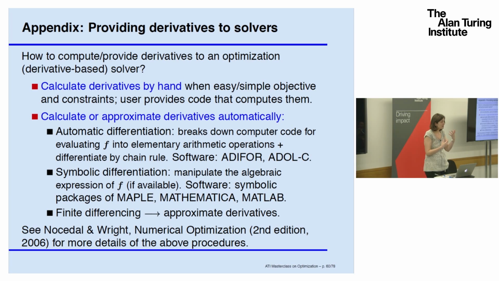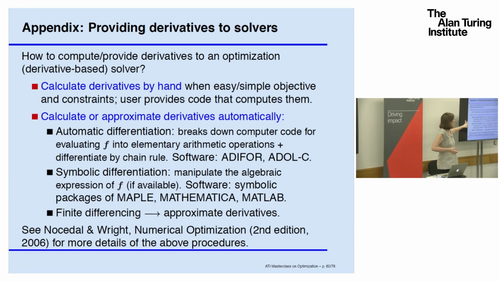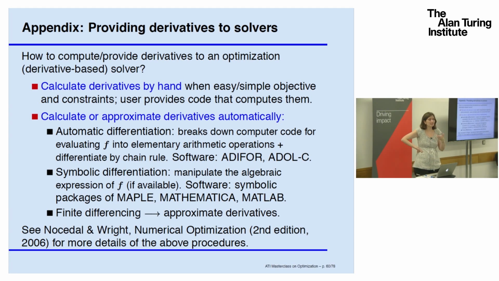So essentially, you have an expression for your function. Then these tools will differentiate your function, and it will create a file that has the gradients in it, or Hessians. And this is done by repeated application of the chain rule and breaking down of your code into basic functions and operations. This is very clever technique, with very good solvers.